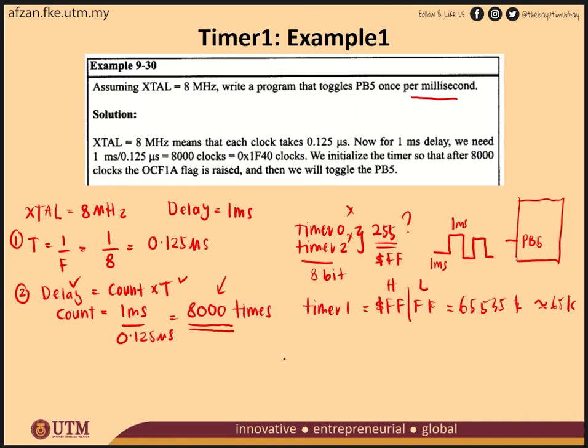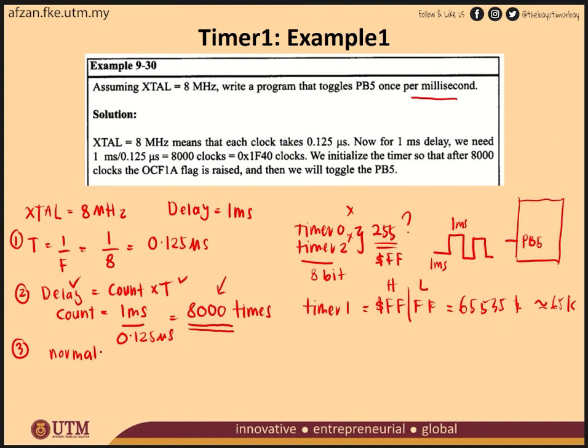Okay, so now once we've done here, we already have our count. Next, what is the third equation? For the third equation, you need to find out what your TCNT value is. Let's say here we use normal mode.